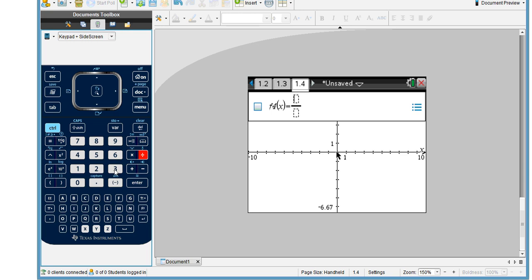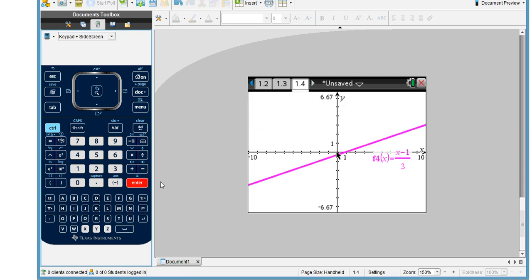No, it's x minus 1 over 3. Yeah. X minus 1 over 3. Okay, this is the original function here in lavender. And then you're going to try to reflect this function about the line y equals x, which is this green one right here. So our answer is going to be up here.